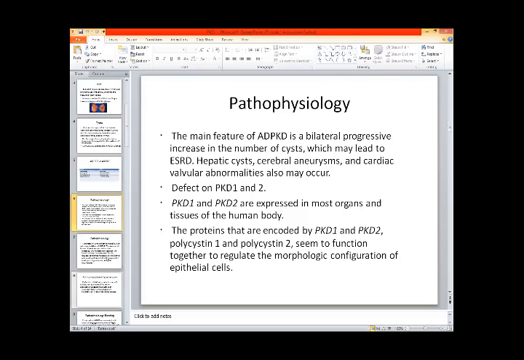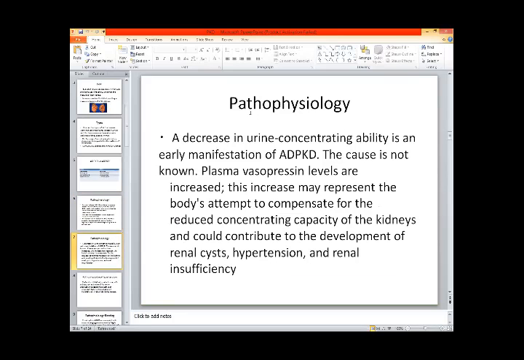Next, the pathological changes that occur after formation of a cyst are a decrease in the urine concentrating capacity of the body, which leads to a stimulus for increased secretion of vasopressin.